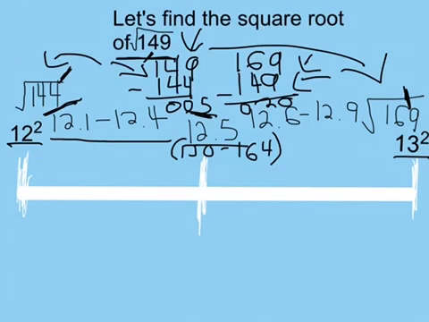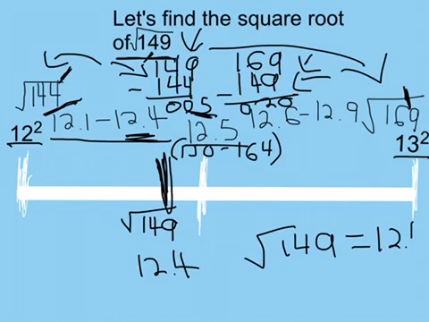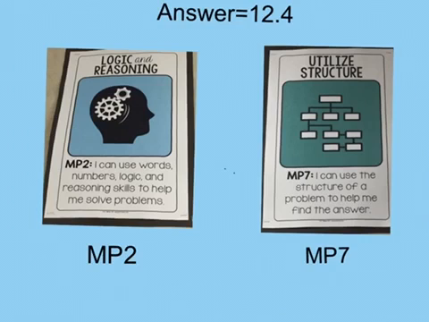So, we're going to put a little slot right here and that will be the square root of 149, or 12.4. So, the square root of 149 is equal to 12.4. Okay, so the answer to our problem was 12.4. The square root of 149 was equal to 12.4.